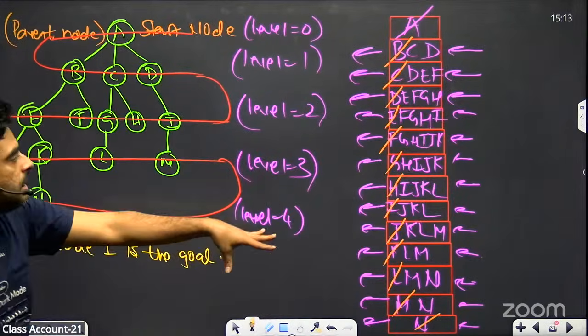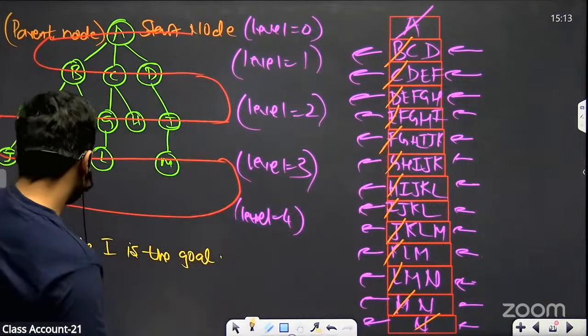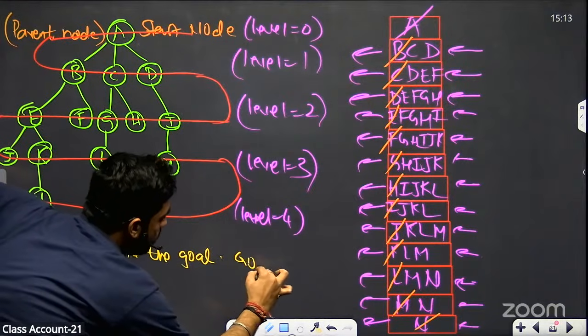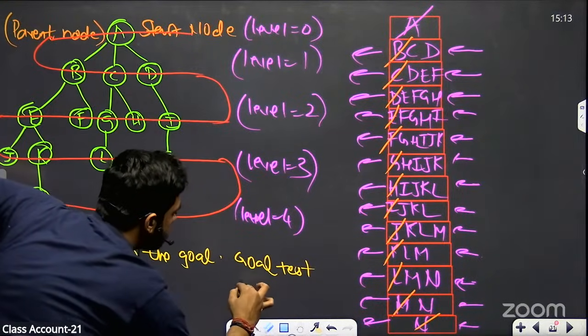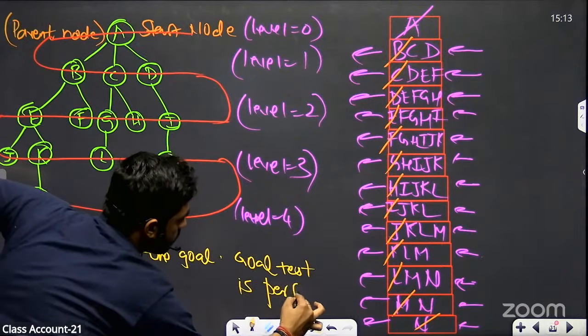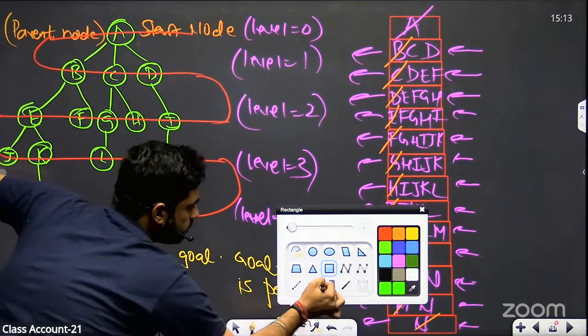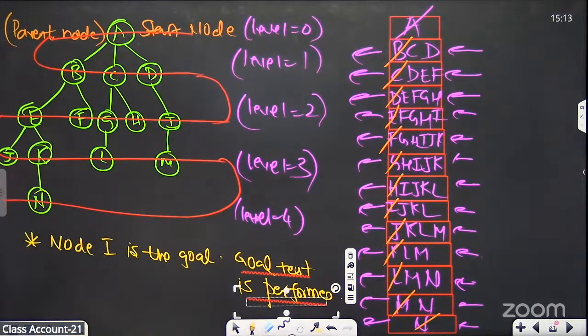Goal test is: whenever you find node I, terminate the process. So at every moment, at every instant, at every state, goal test is performed. So guys, you have to remember this a little in BFS.